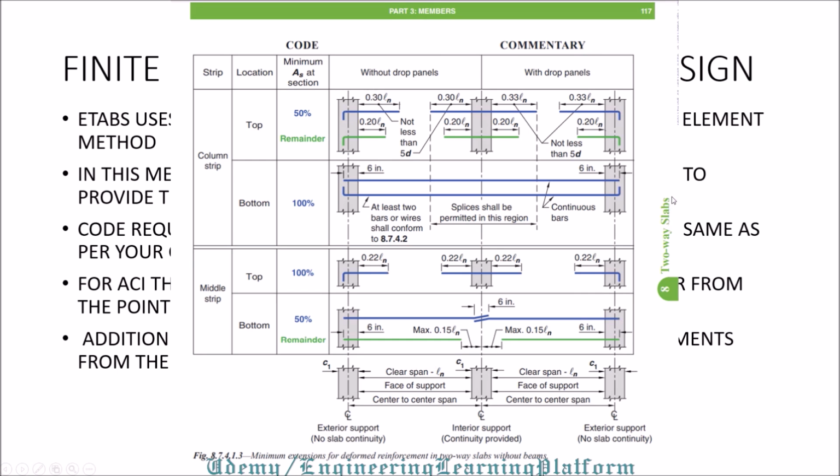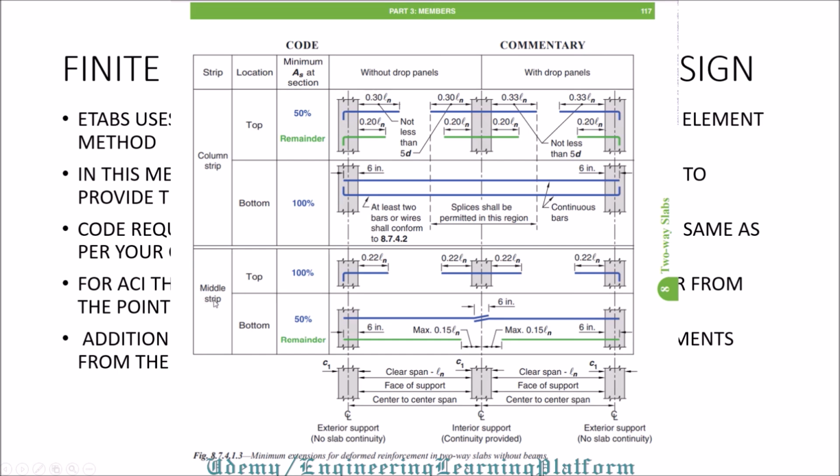This snapshot is from ACI code chapter 8. The top reinforcement of the slab should not be less than 0.3 times the clear span, and similarly the bottom reinforcement in the column strip should not be discontinuous, so the bars should be 100% continuous.